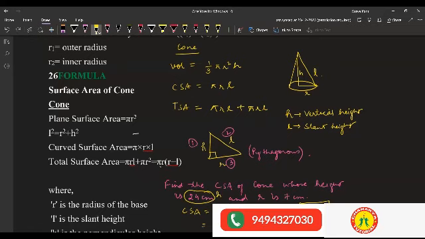So 22 by 7 into radius, that is 7, and l is 25. 7 cancelled. Now you can just multiply 25 into 22. 25 into 20 is 500. 550 is the answer. 550 centimeters square.